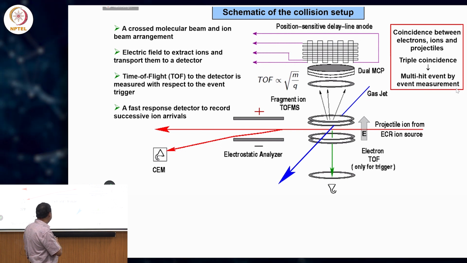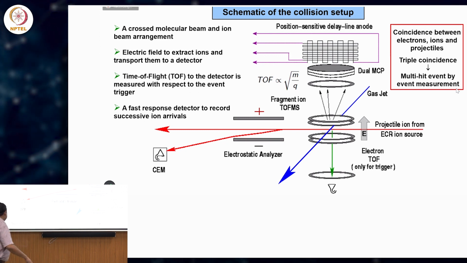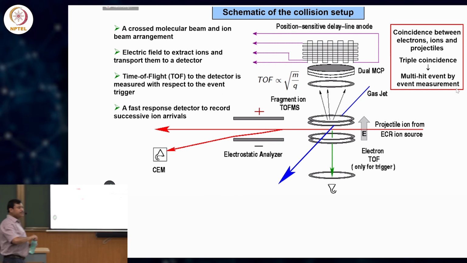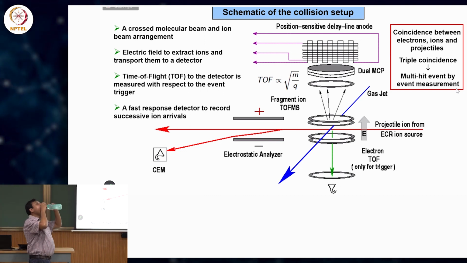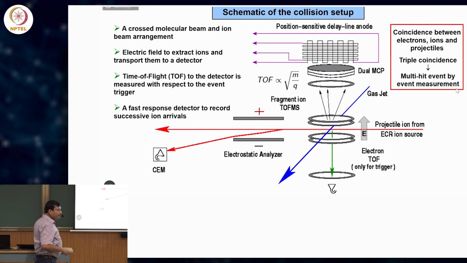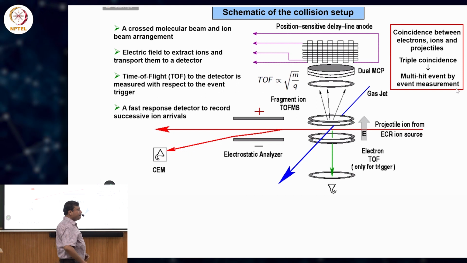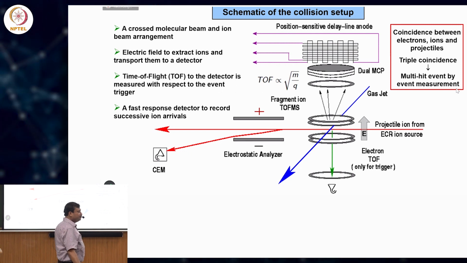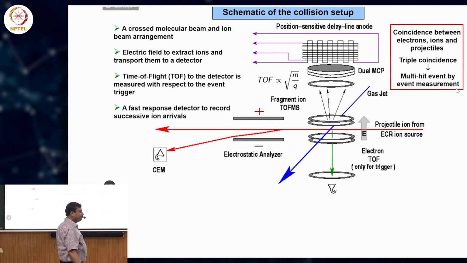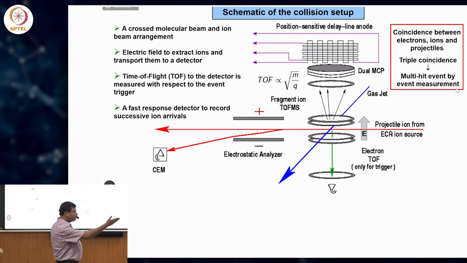Yes, what he said is right. You can slow down the electrons by increasing their path length. But for this schematic, it's just a trigger.